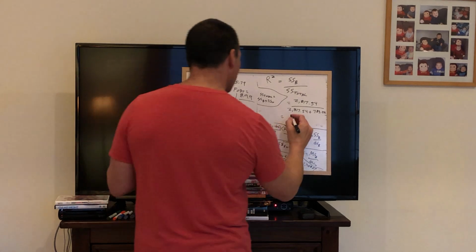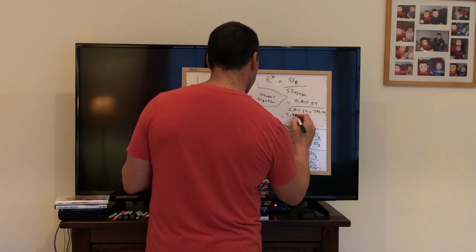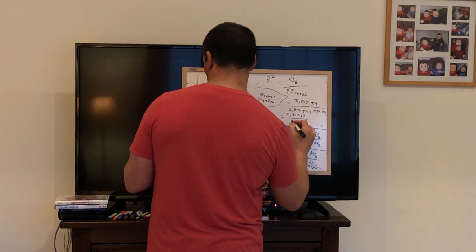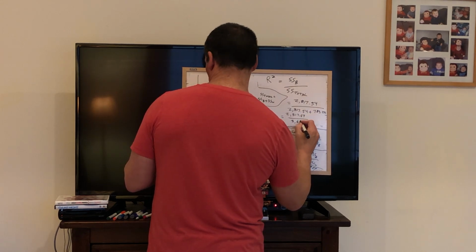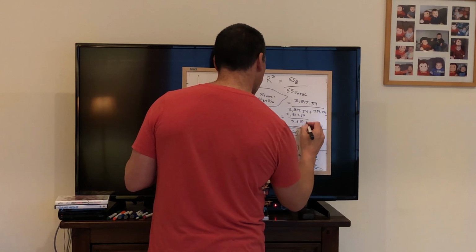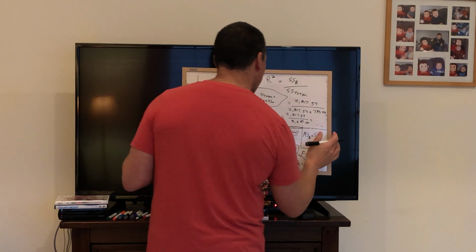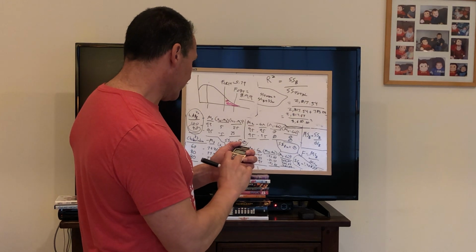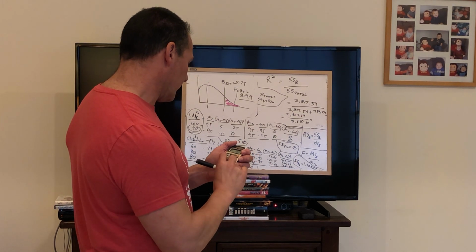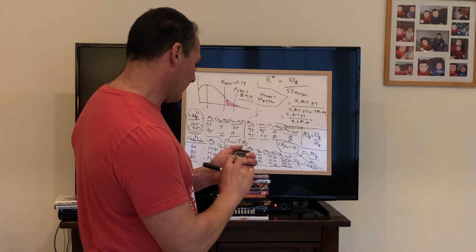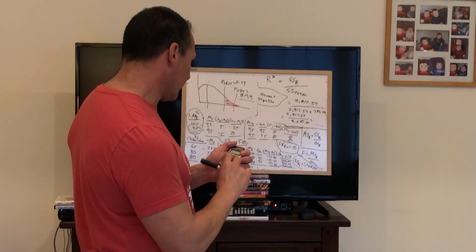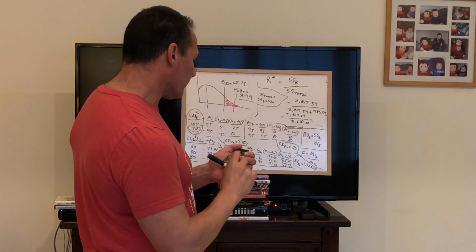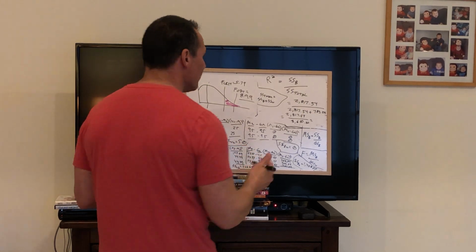Okay, so that equals 2,817.54 divided by 3,600.83. And let's see what my calculator is going to give me on that. My calculator is saying 78%.